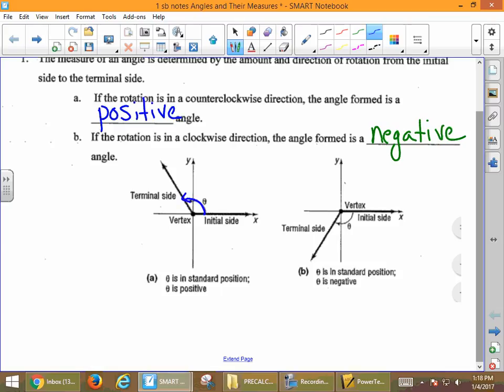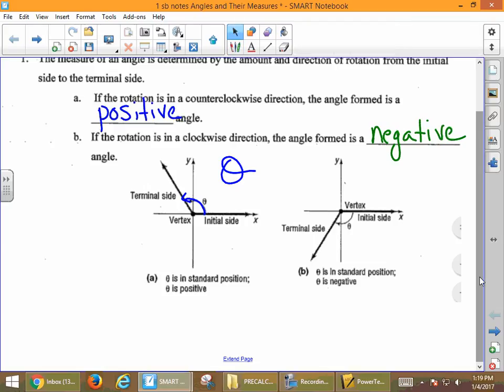We're going in the counterclockwise direction. That means that whatever theta is, this circle with a line through it, is measured with a positive value.